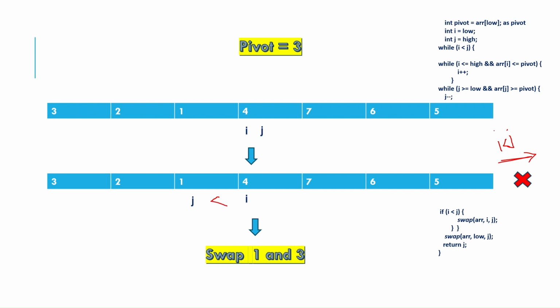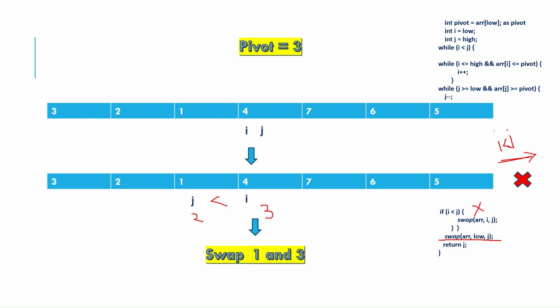Just count the index: j is pointing to index 2, and i is pointing to index 3. 2 is always less than 3, so this condition will not be satisfied. So this if will not execute, and in return the swap will execute and return j.